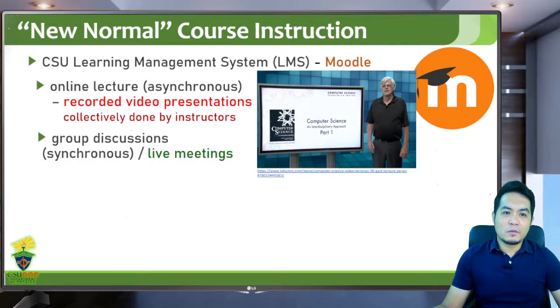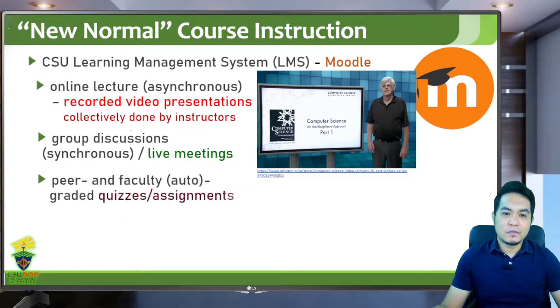We will also be doing live synchronous meetings or group discussions. We will be using mostly the platform called Google Meet, because we have a subscription with Google Meet. Your quizzes and assignments or activities will also be peer and faculty graded.